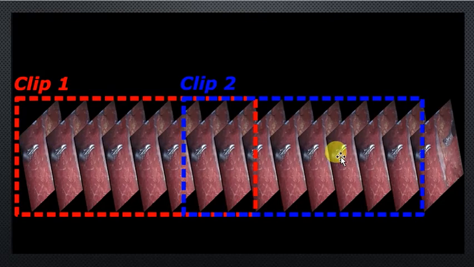When we record, our camera gets images per second and combines those images together to make the video.